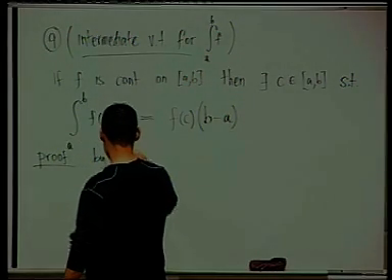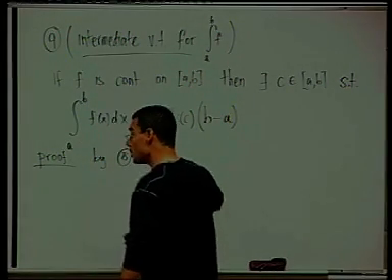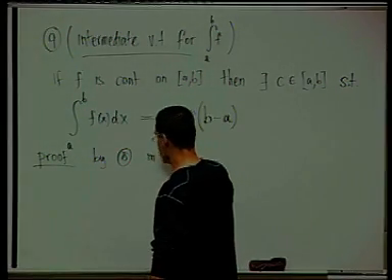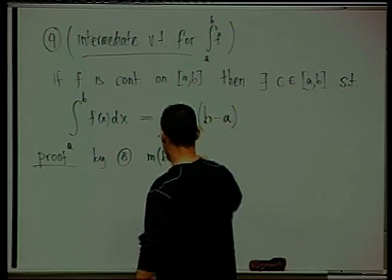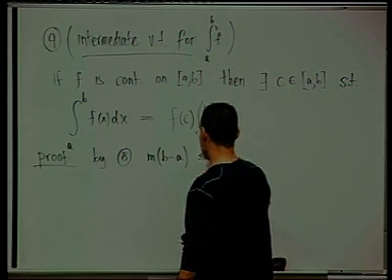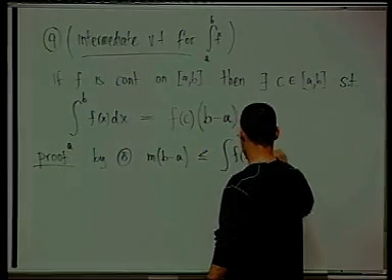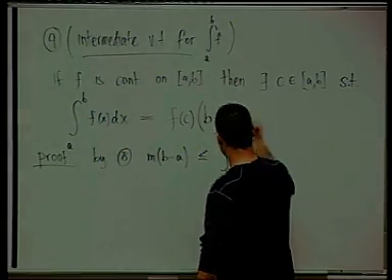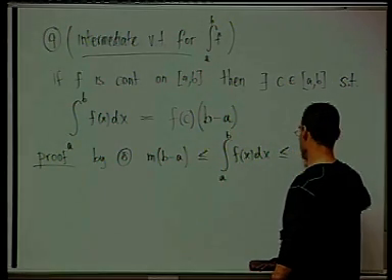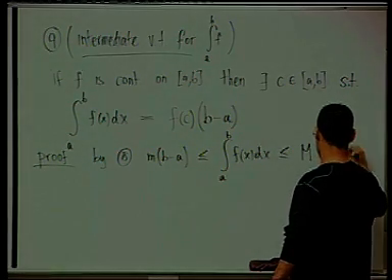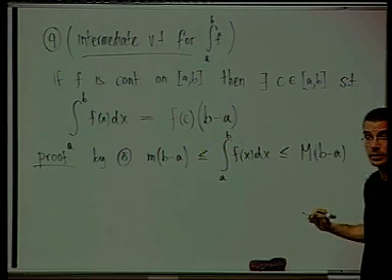By 8, we know that m times b minus a is less than or equal to the integral of f, which is in turn less than or equal to M times b minus a. This was number 8, right?